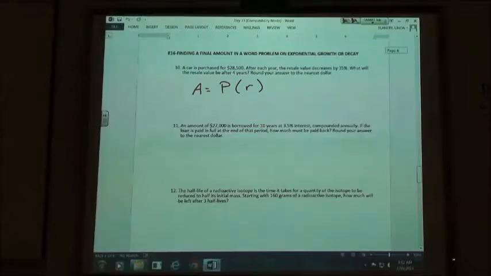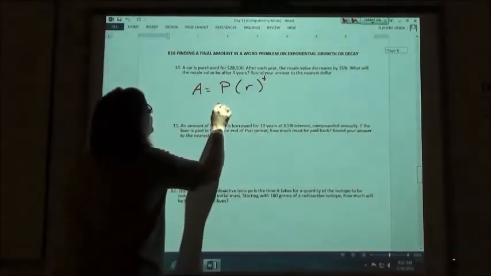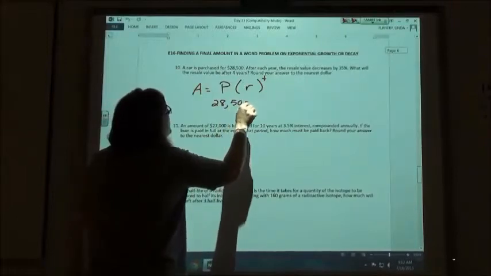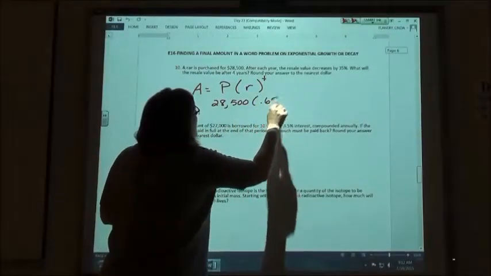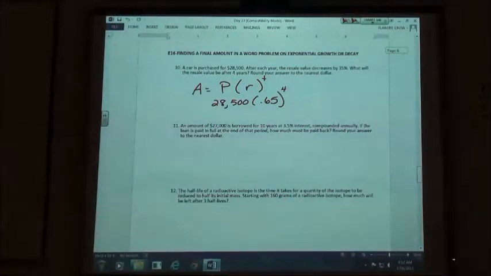What does it maintain? 65, right? So our percent's going to be 65 that we're going to use. And then it's going to be to the t power. So we're going to take 28,500 times 0.65 to the 4th power. Round to the nearest dollar, it says.